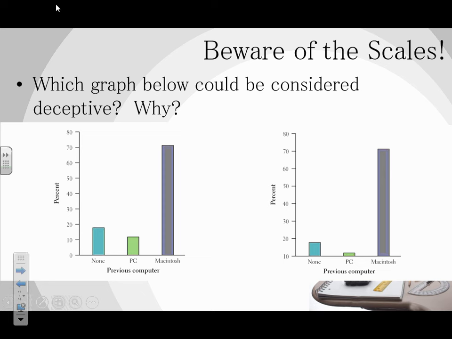Which one of these would probably be a little misleading though? The one on the right, why? Okay, if we look here, our scale starts at 10, whereas here it starts at 0. Now if we look at this graph here, how much bigger does the none category appear to be than the PC?